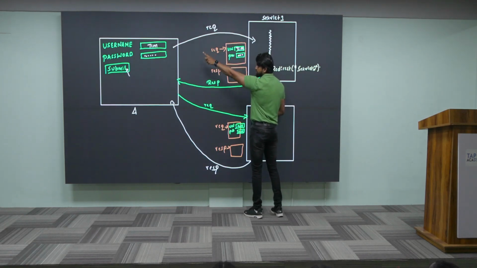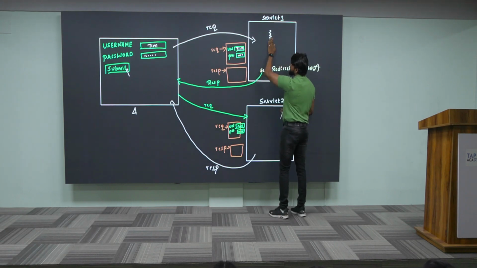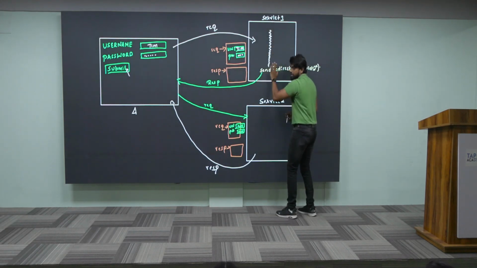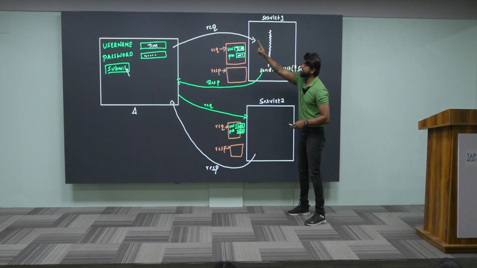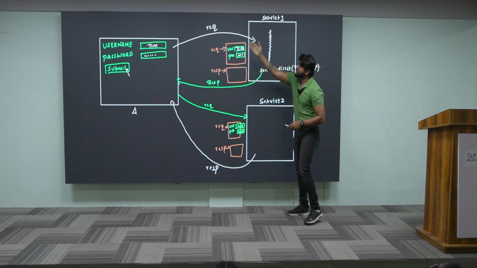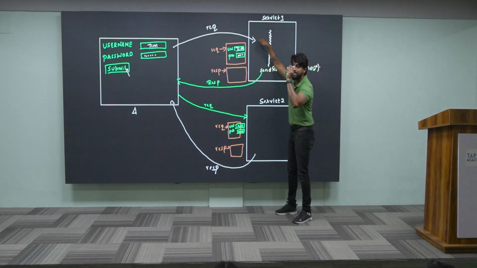Tell me, to which servlet it is giving me? Calling servlet 1 means servlet 1 here. From here to here, it is not showing you. So first time when you click on the submit, it is sending request to which servlet, it will tell that only. Now tell me, it is sending the request to which servlet? Servlet 1.